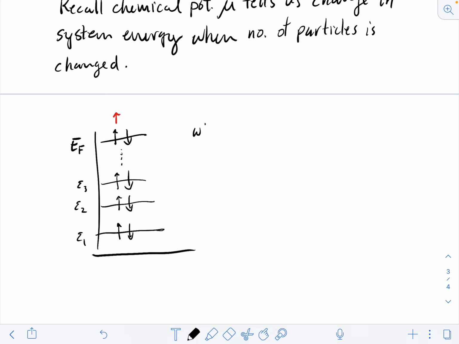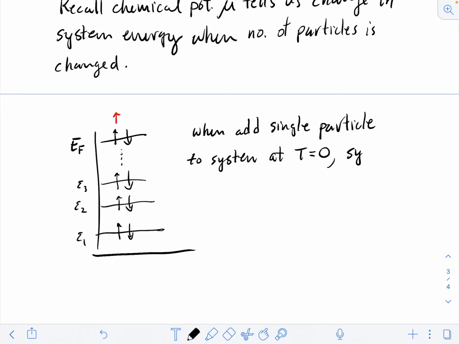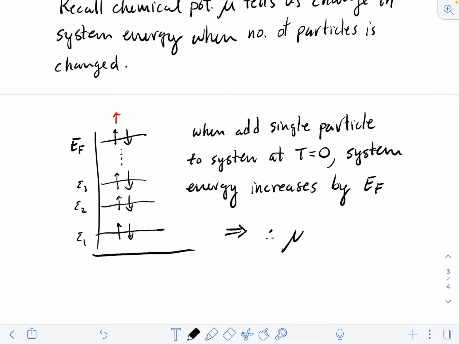So when we add a single particle to the system at t equals 0, the system energy increases by an amount of energy that's equal to the Fermi energy.